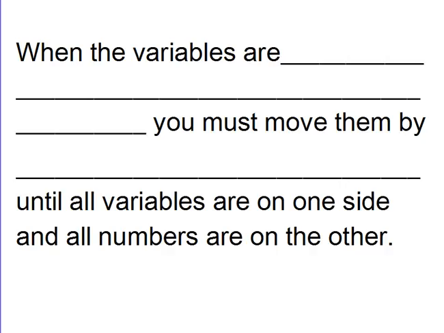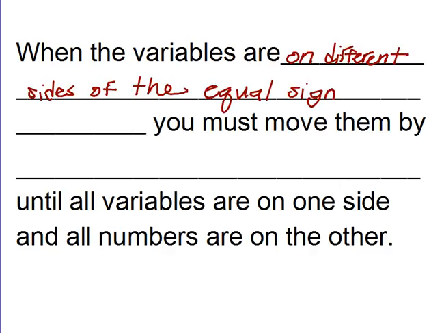That's when the variables are on different sides of the equal sign. So equations with variables on both sides mean you have letters like x or y, a, b. You have variables on different sides, on the left side and the right side of an equal sign.